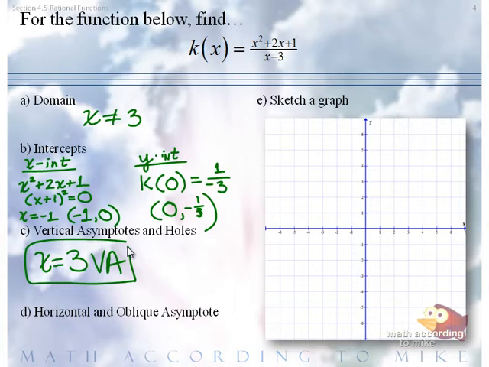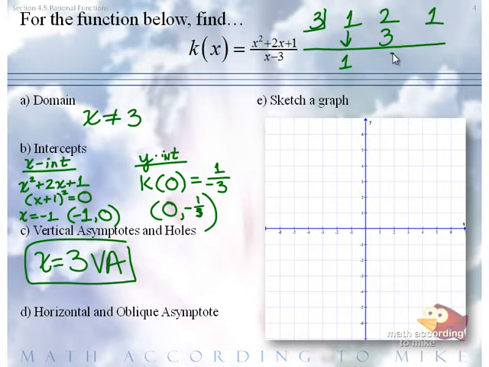You could always use long, but synthetic I think is faster. You don't care about the remainder, just the quotient. So 1, 3, 5, stop. Because this says y equals what? x plus 5.